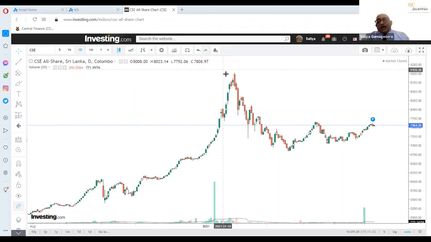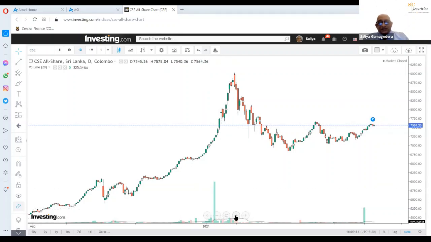Every candle that you see here, all these vertical short bars, are called candles, and each and every candle is a snapshot of the details for that period, for every day, because this is a daily chart.